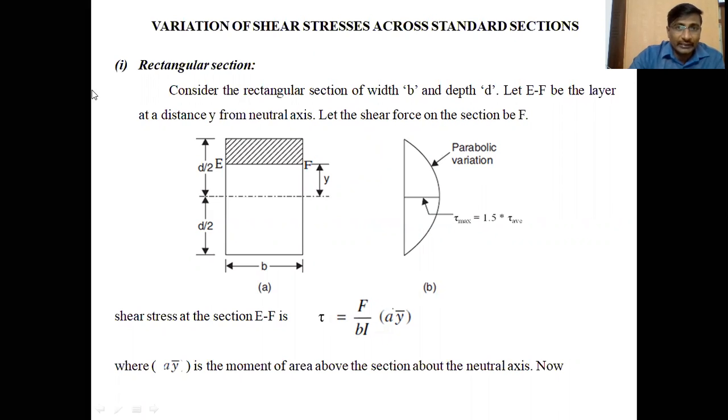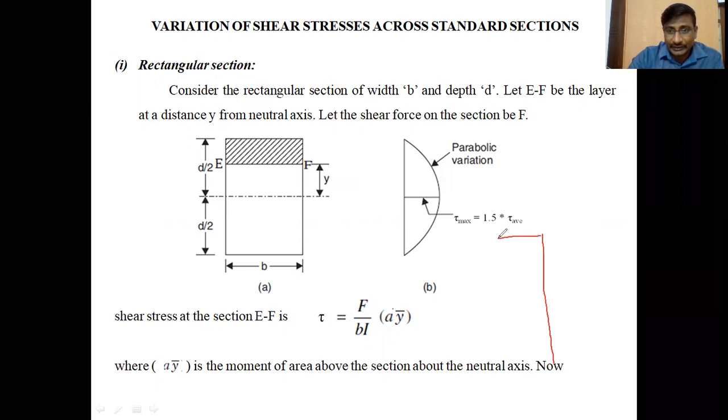Clear, students? As we studied earlier in the bending stresses chapter, the maximum bending stress occurs at the extreme layers and the bending stress is 0 at the neutral layer, isn't it? We drew the bending stress distribution like this by drawing a vertical line.